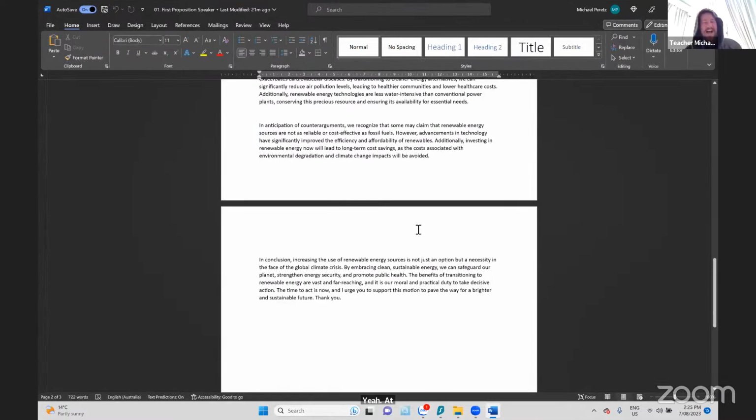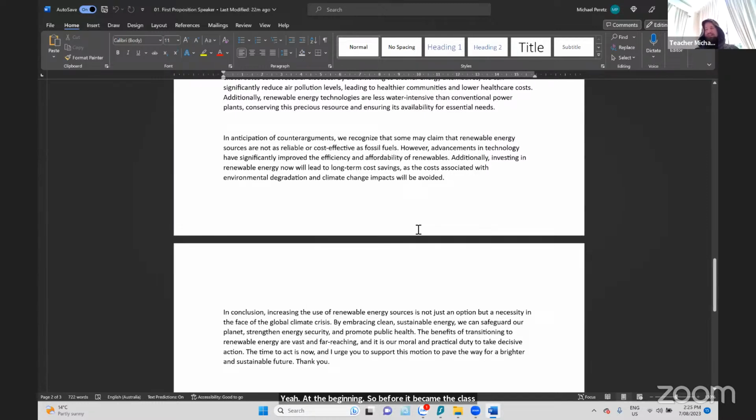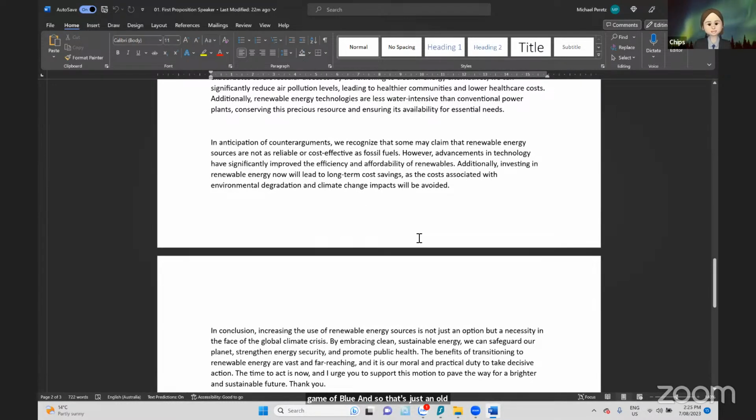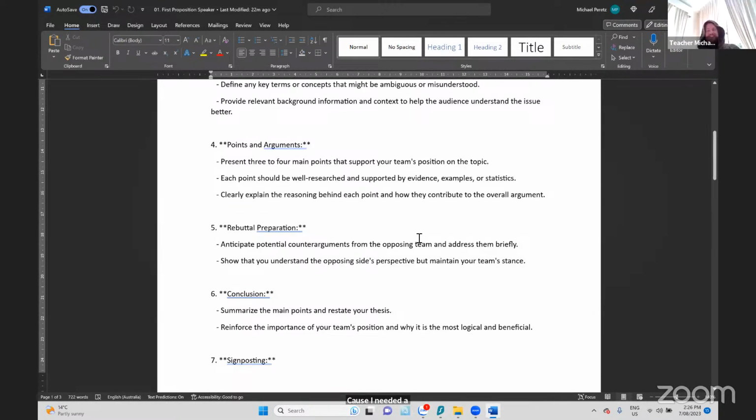So before it became the class that it is now, it was like a weekly speech club, and we'd always get it started by playing a game of Blooket. That's just an old habit that I had. I needed a few minutes to finalize my preparations for the class, so I got everyone to play a game of Blooket. If you have a messenger group, can you send it to me so I can join?